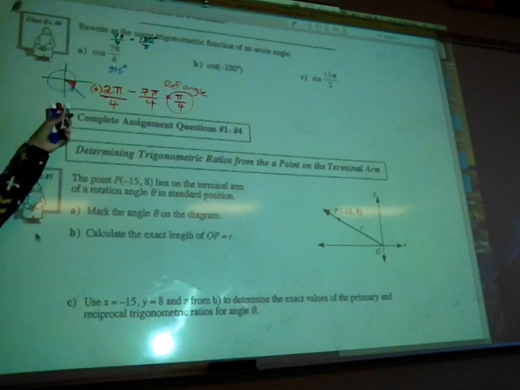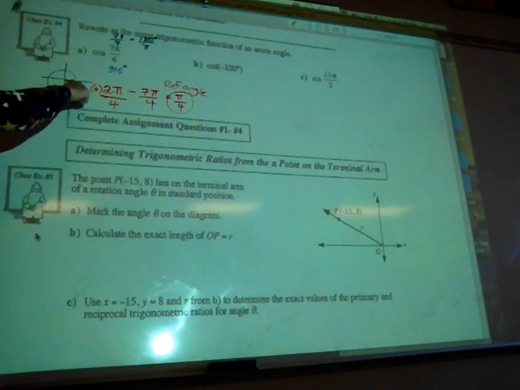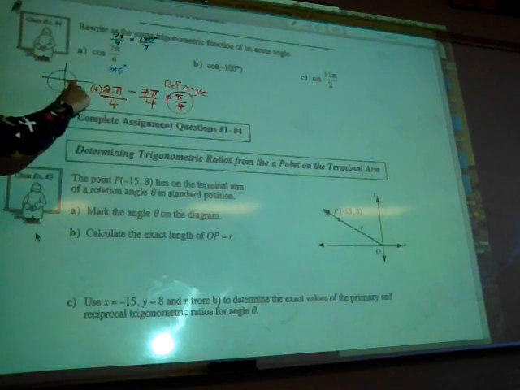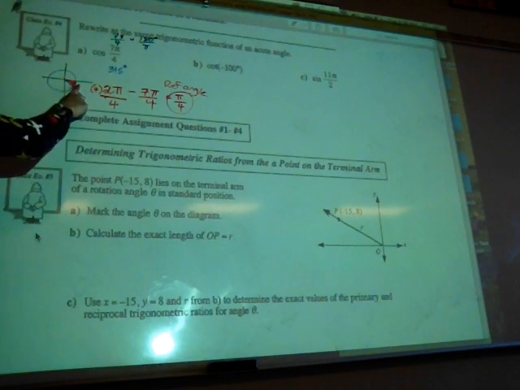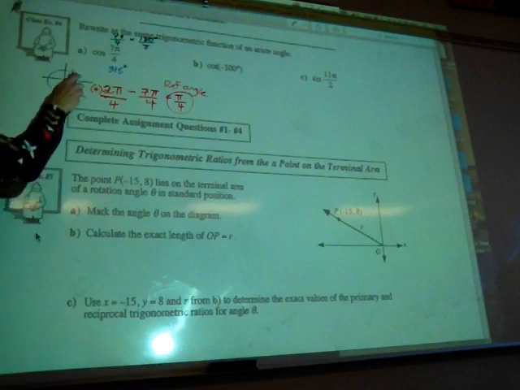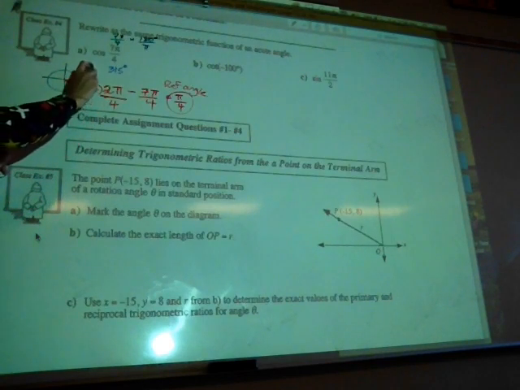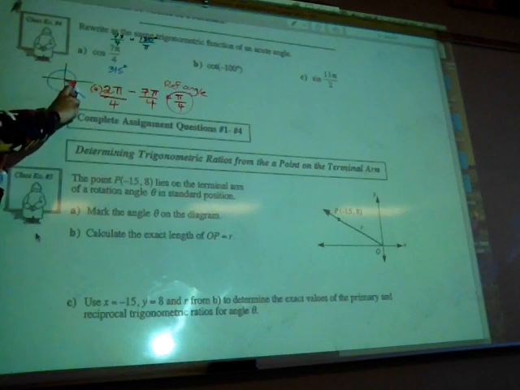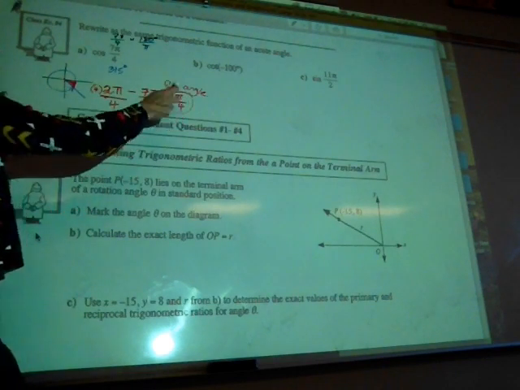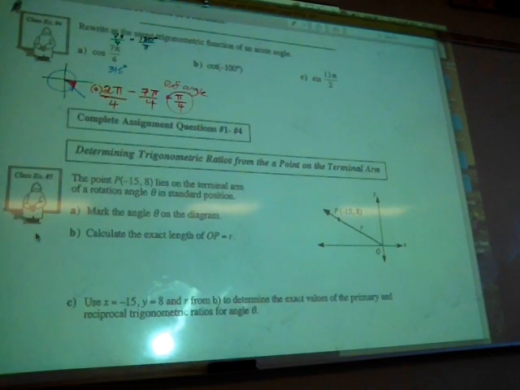So if we were talking about degrees, if we went 315, the reference angle would be 360 minus 315, so we'd have 45 degrees. But in radians, a full rotation is 2 pi, so we go 2 pi minus the rotation angle, which was 7 pi over 4, and that leaves us with pi over 4, which is equivalent to 45 degrees. So that's our reference angle.